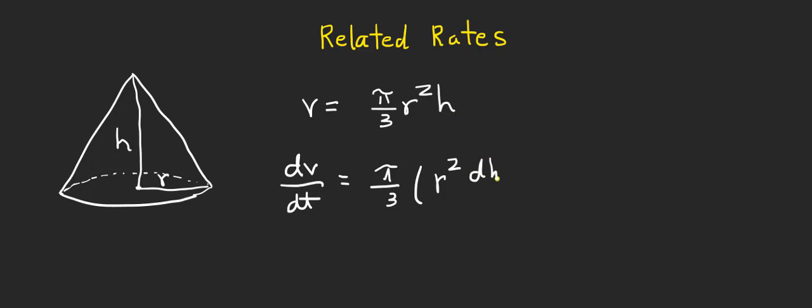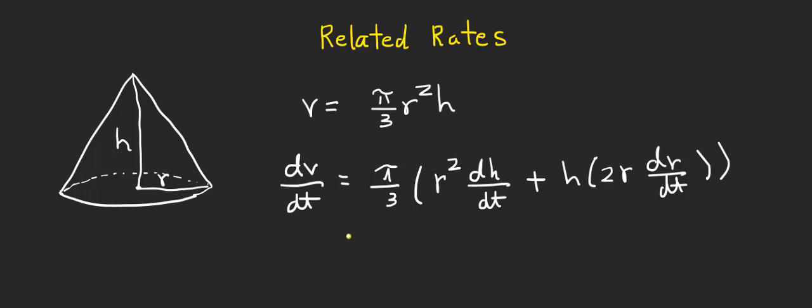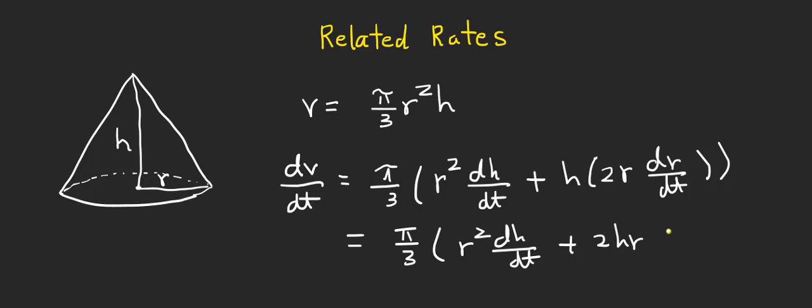So that's dh over dt, plus h times the derivative of r squared with respect to time. So it's 2r dr over dt. So you end up getting pi over 3 times r squared dh over dt plus 2hr dr over dt.